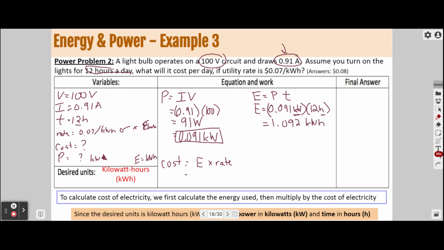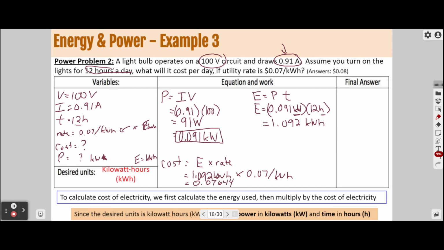All right, so now we know our energy. We can plug that into our formula down here, 1.092 kilowatt hours. And we're going to multiply it by our rate, which is 7 cents, 0.07 per kilowatt hour. So we multiply these together, we get 0.07644.